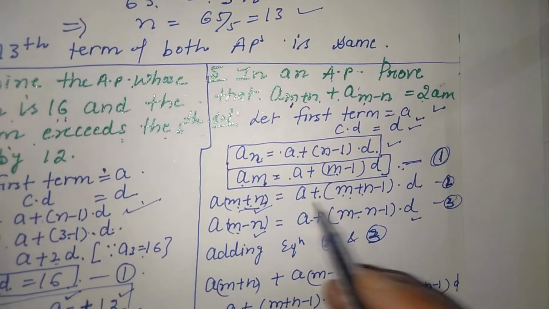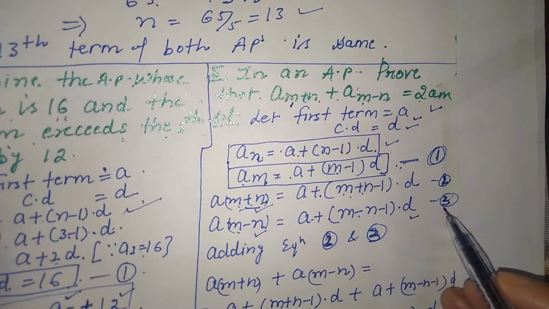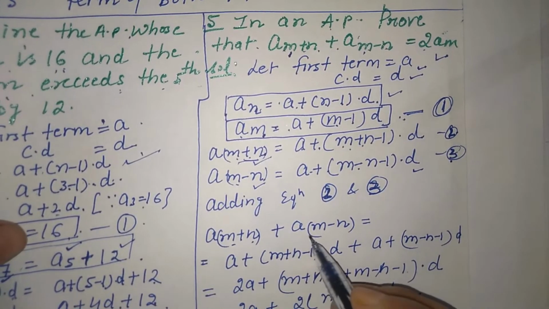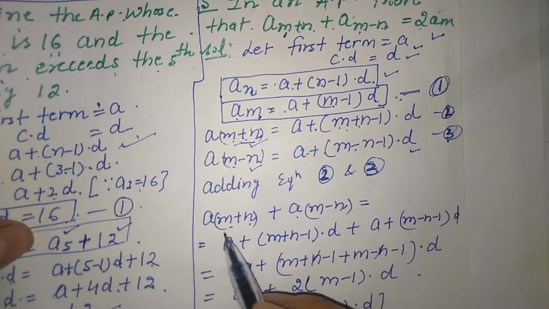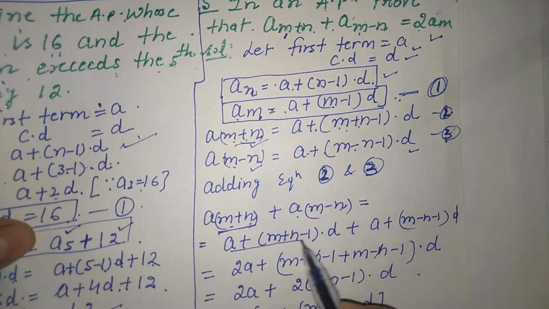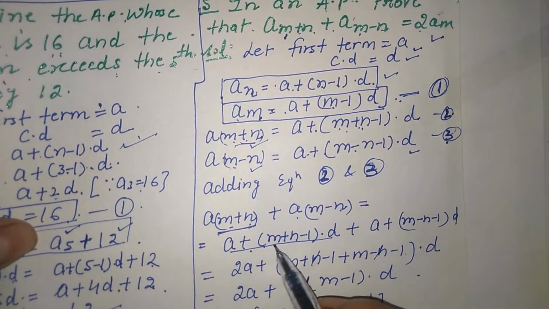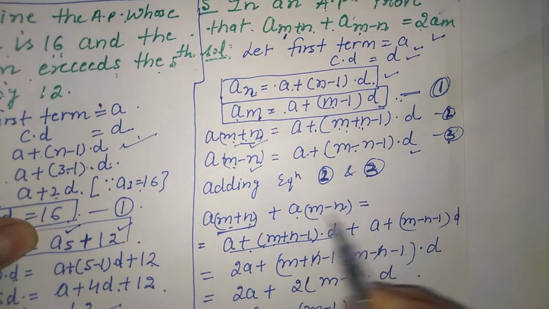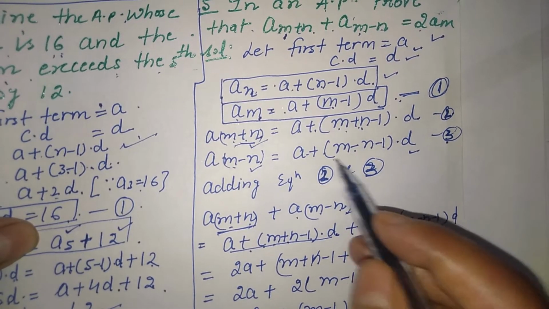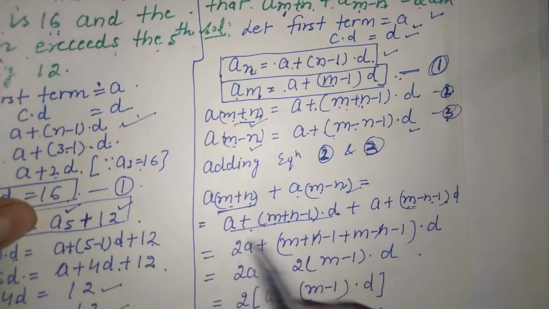So adding both the second and third equations, a_(m+n) plus a_(m-n). Here, if we open this in the form of the formula, it is a plus (m+n-1) into d, and for m-n it is a plus (m-n-1) into d.